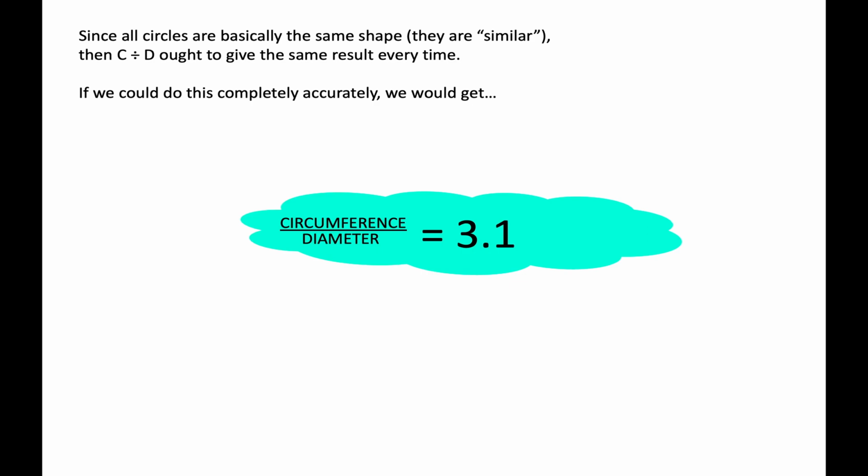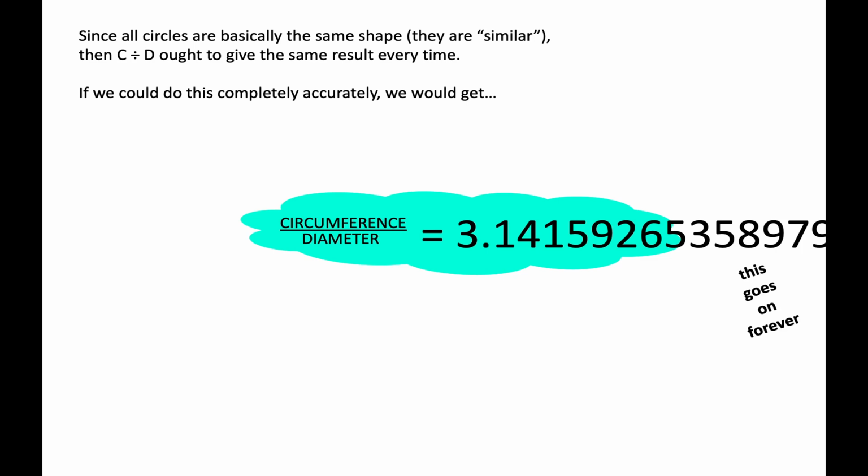Okay, so moving on, we need to write down that since all circles are basically the same shape, or they're similar, to give it the proper mathematical term, then circumference divided by diameter ought to give the same result every time. And in fact, if we could do this completely accurately, we would get that circumference divided by diameter is 3.14159265358979, and in fact that number goes on forever without any recurring or repeating pattern.